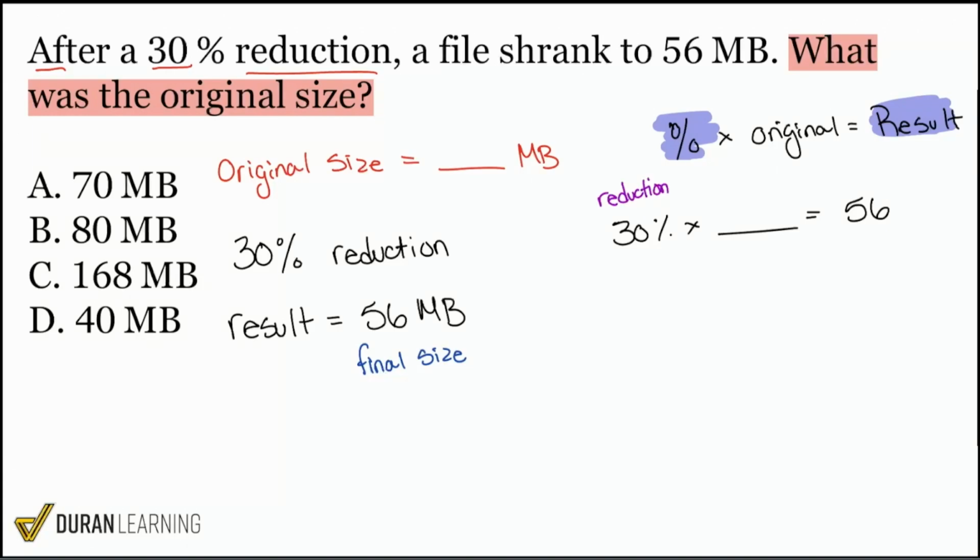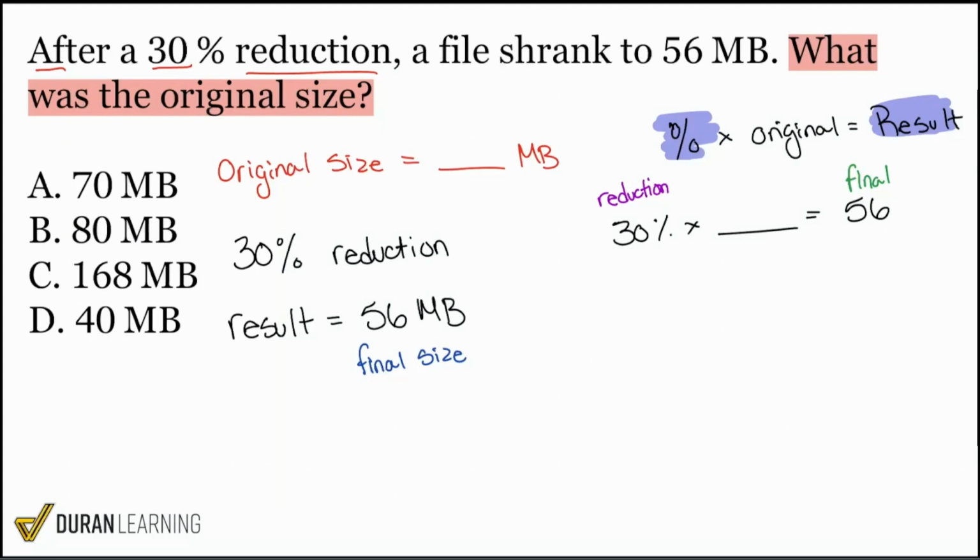Again, we reduced by 30%. And when you look at the 56, does it represent what we reduced by or what we reduced to? This is the final. This is what we get after we reduce.